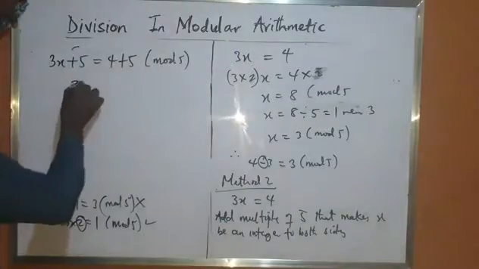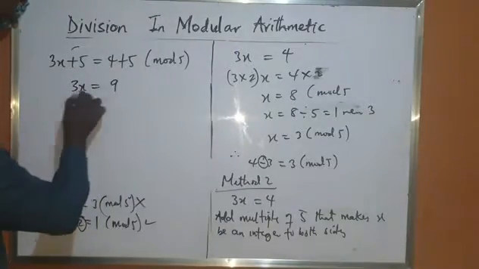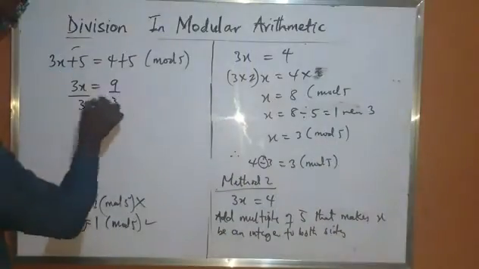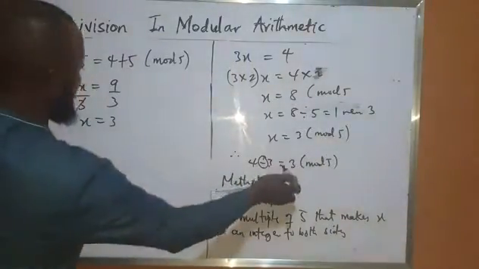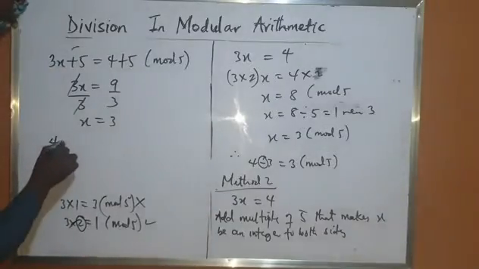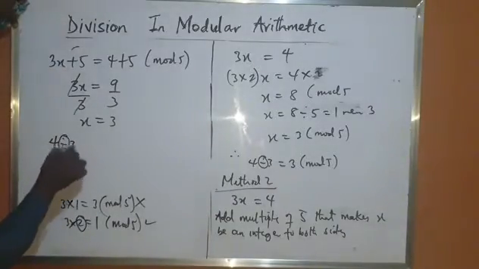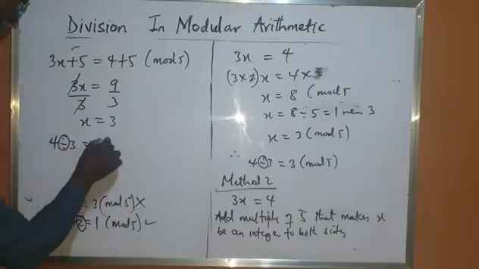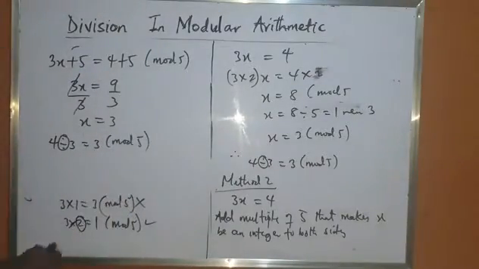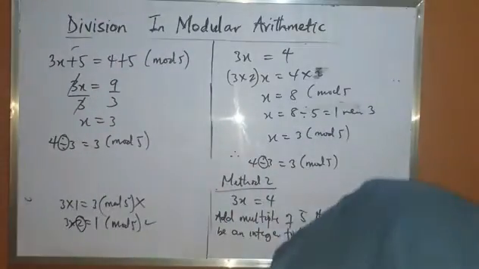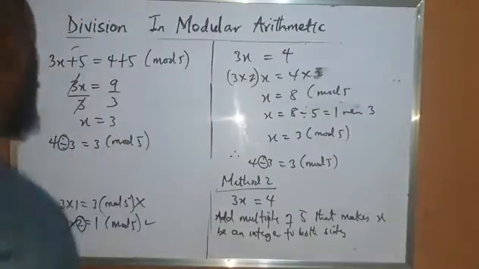So we are going to have 3x equals what? 9. So divide both sides by 3, 3 cancels 3. Then x is equal to what? 3. Which is the same as what we got here. So that means 4 divided by 3 equals 3 in mod 5. So we just need one more thing to do here. That is that on division. But we have some exception that we want to look at now.